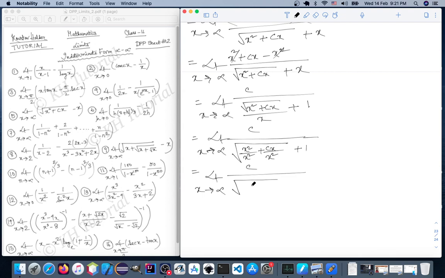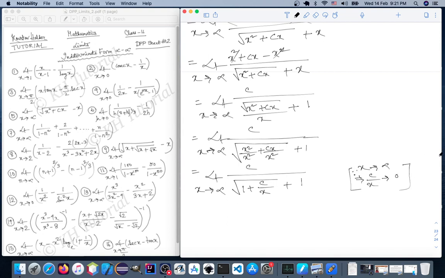Over here we get c over root of 1 plus c by x plus 1. Now if we substitute x as infinity, we will get c by x as 0, because x tends to infinity implies c by x tending to 0.